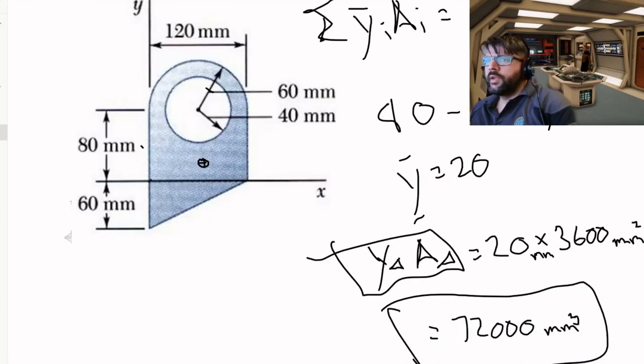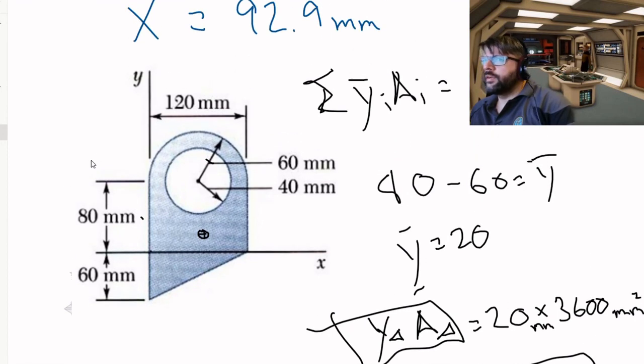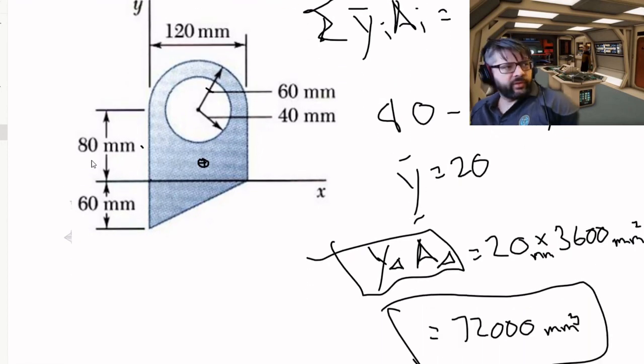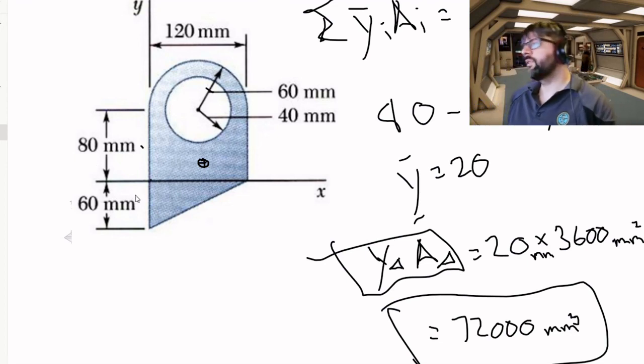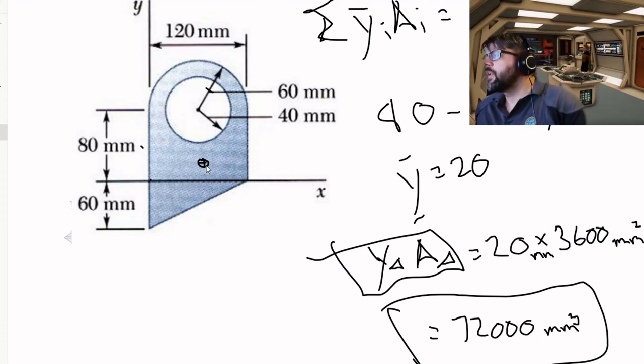So redefining this in terms of the original coordinate system that we're given, because if someone gives you a coordinate system with a problem, they're going to want the answer back in terms of that coordinate system. So basically that allows us to say, okay, we've got our x bar here. Our x bar is just going to be that distance there.